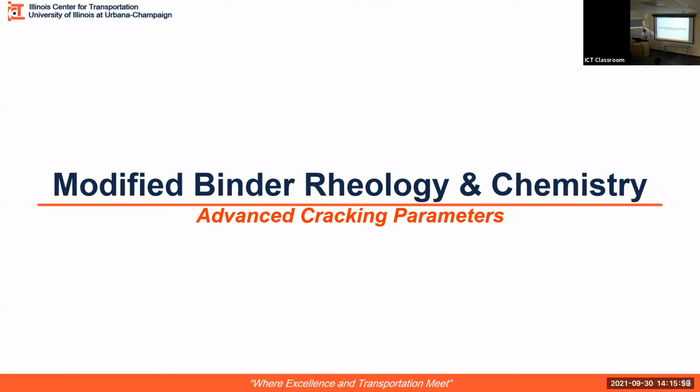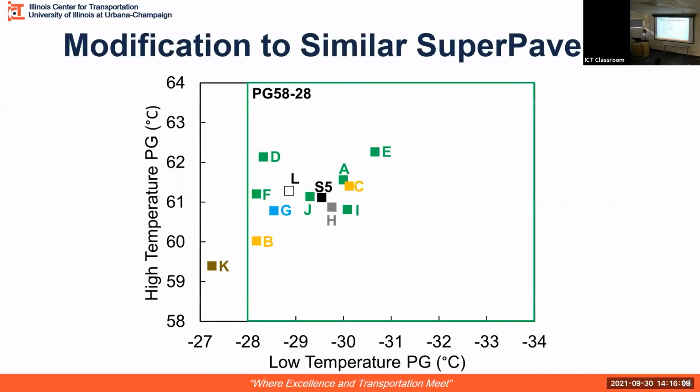These modifiers were then incorporated into a base binder to produce a modified version of PG 58-28, and the binders were evaluated for rheology and chemistry. Moving to the rheology, the first step was to modify all these binders to the same level of Superpave PG.